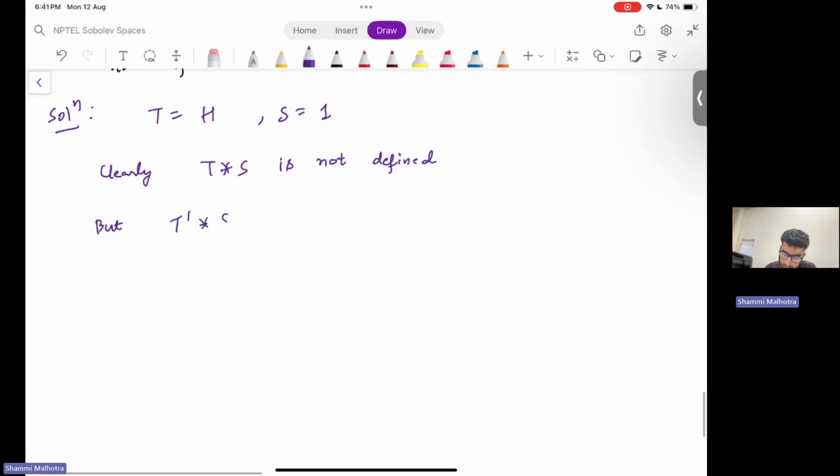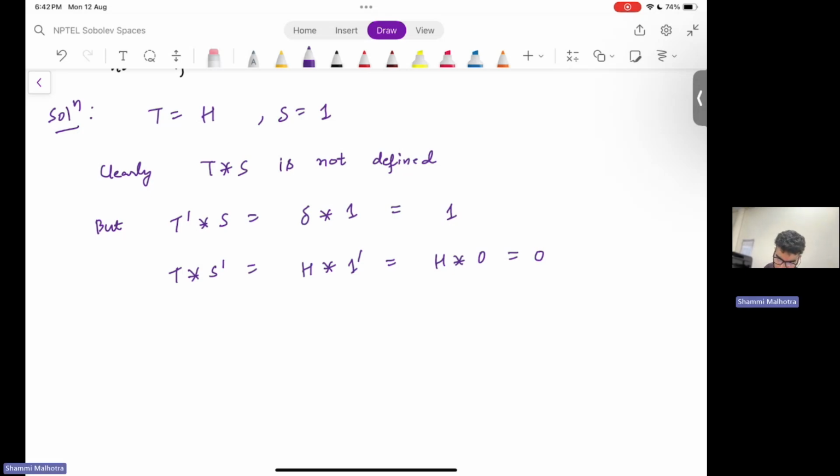But T dash convolution S, what is this? What is T dash? T dash is the Dirac delta, the derivative of the Heaviside function, as we have seen just now. So delta convolution with the identity function, and I know any function convolved with delta is the function itself. And T convolution S dash is nothing but the Heaviside function convolved with the derivative of one, which is actually Heaviside convolved with 0, and that turns out to be 0 only.